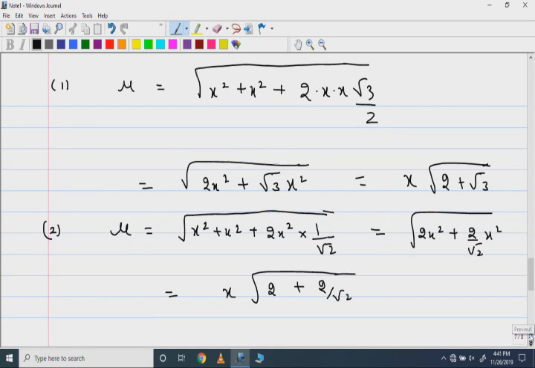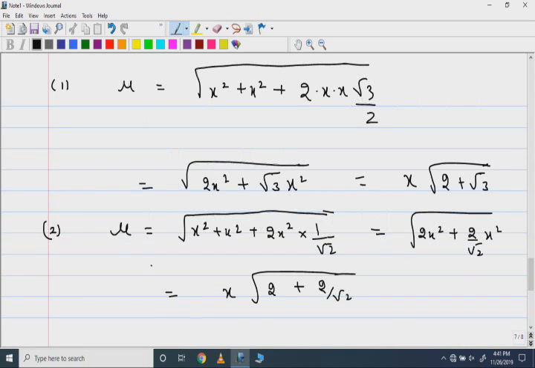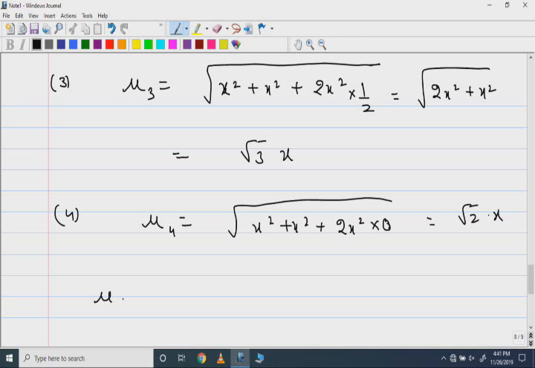What can we conclude from here? That this is mu 4, mu 3, mu 2 and mu 1. Mu 4 is less than mu 3, is less than mu 2, is less than mu 1.